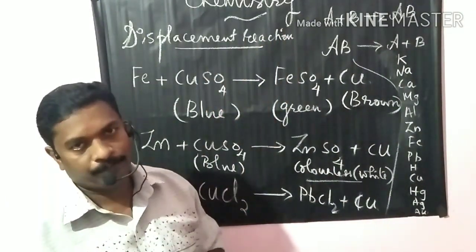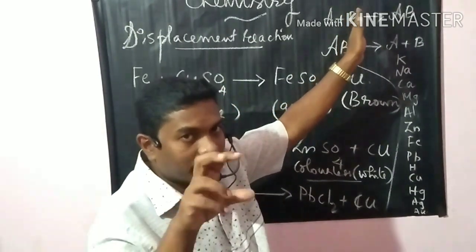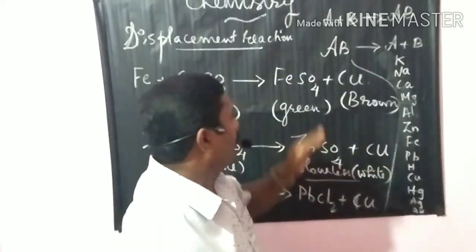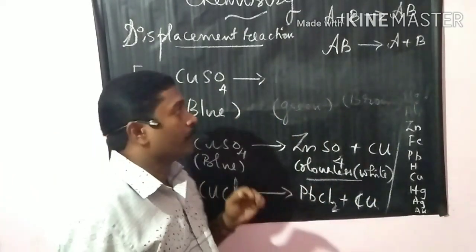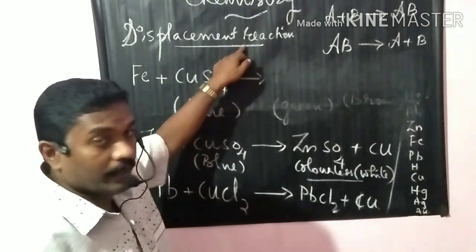See, for combination we use the type A plus B gives AB. Then for decomposition, AB gives A plus B. Similarly, how can we represent a displacement reaction? Can you say?